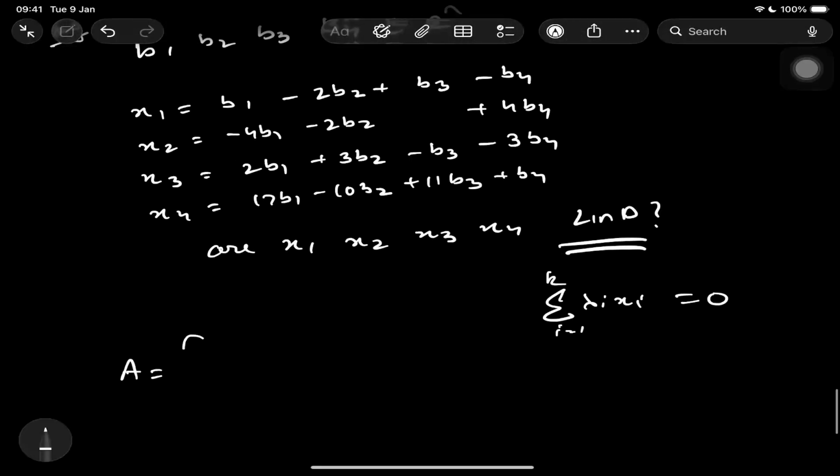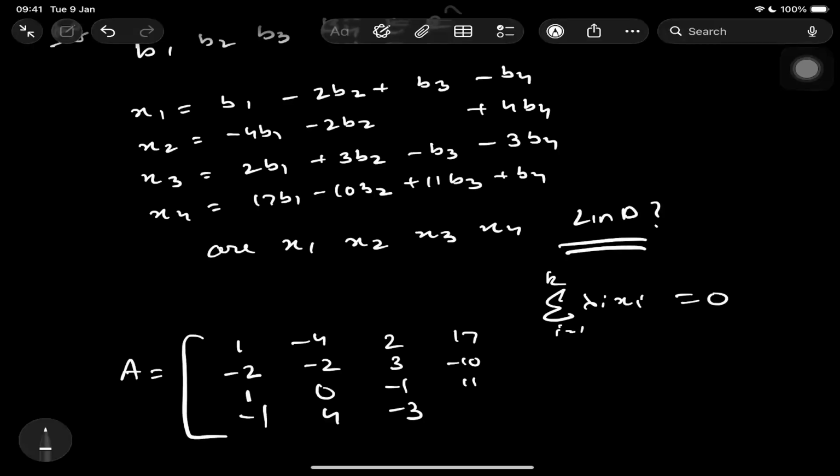Since the vector acts as a column of our matrix, I will write 1, minus 2, 1, minus 1, then the second will be minus 4, minus 2, 0, 4, and 2, 3, minus 1, minus 3, and then 17, negative 10, 11, 1.